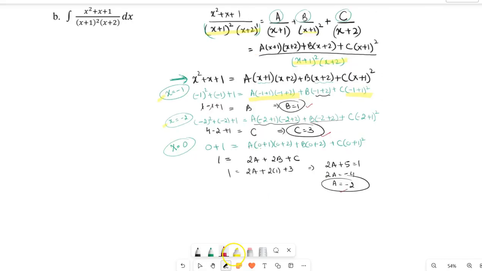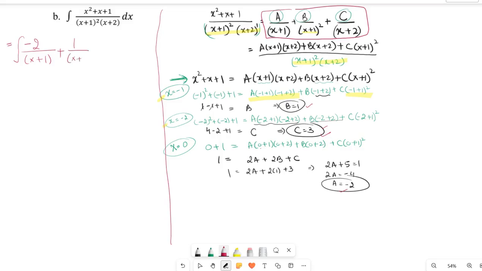So we have found all three constants, a, b, and c, and we have this partial fraction decomposition. Using this, we can write our integral now as integral of a by x plus 1, so negative 2 by x plus 1, plus b, which is 1 by (x plus 1) whole square, plus c, which is 3, we found it now, by x plus 2, dx.